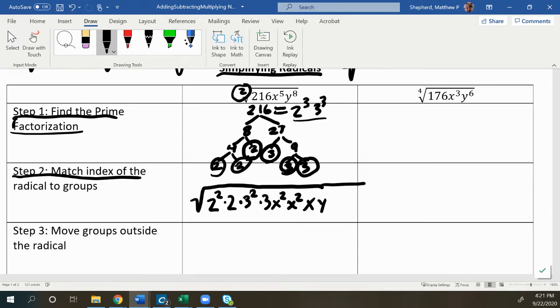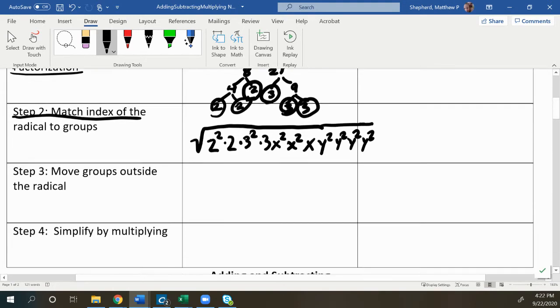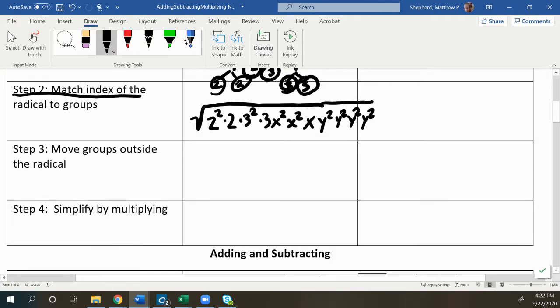And then for the y's, y squared, y squared, y squared, y squared. Okay, so that's what we mean by match the index to the groupings. So I've created as many groups of 2, which matches our index of 2, as I could.